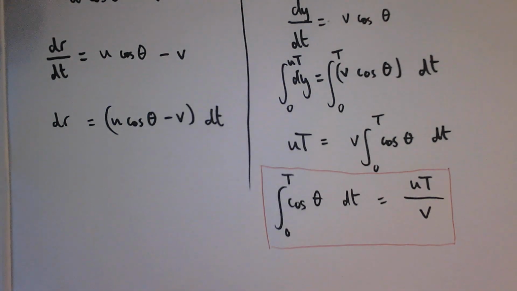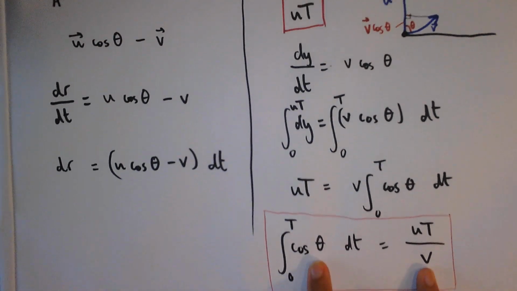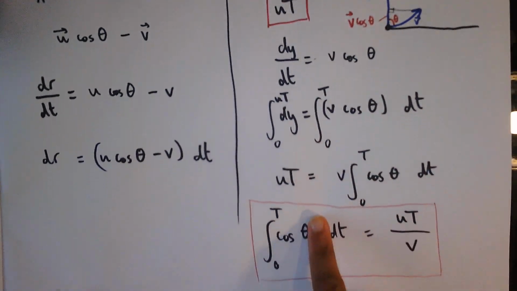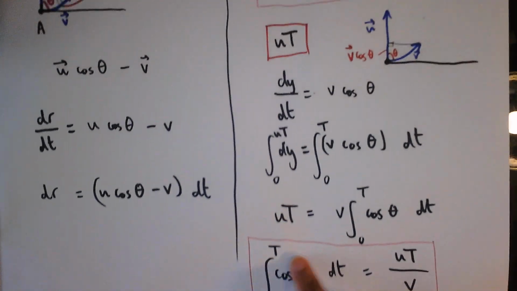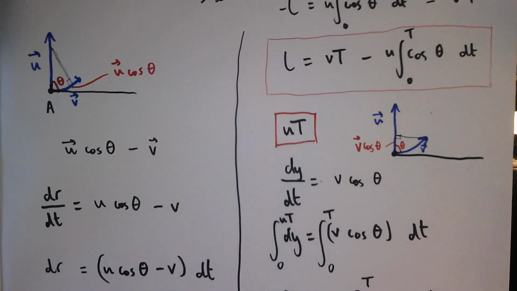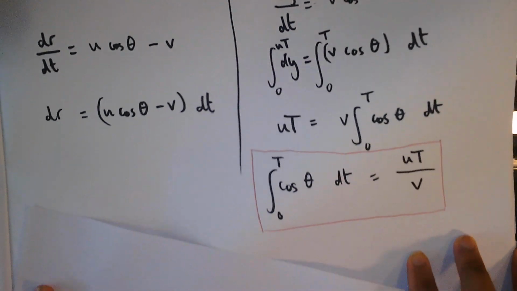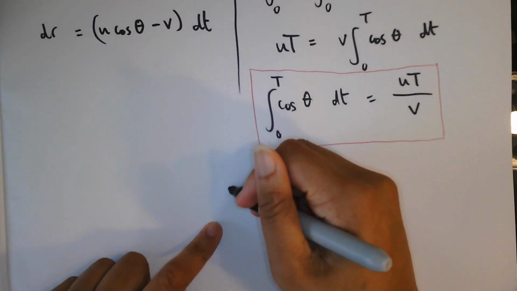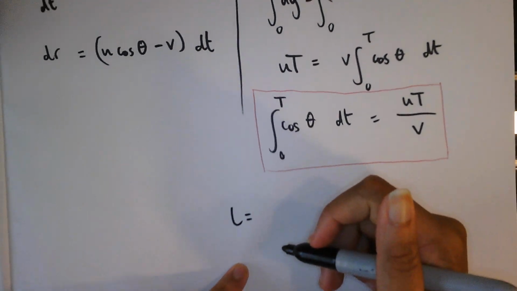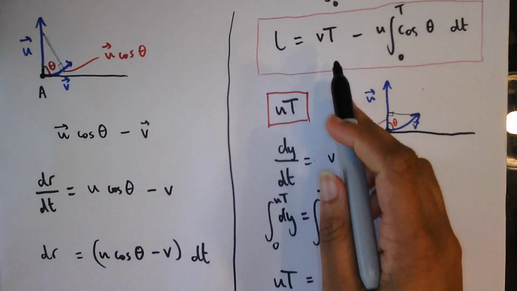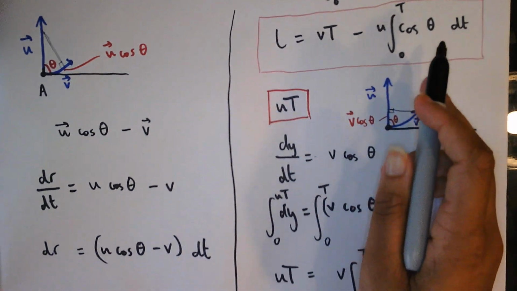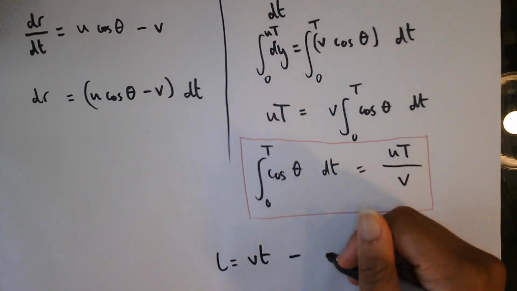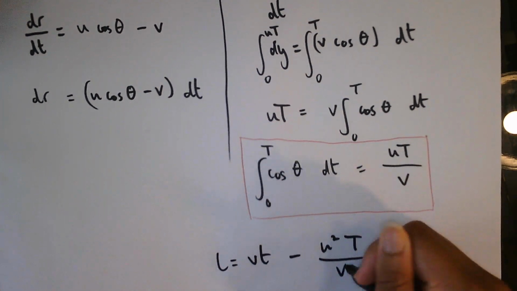And what we can do is simply substitute this equation into our previous equation, because we now have the value of the integral of cos theta dt. Remember L is equal to vT minus u times the integral of cos theta dt, so it equals vT minus u squared T over v.